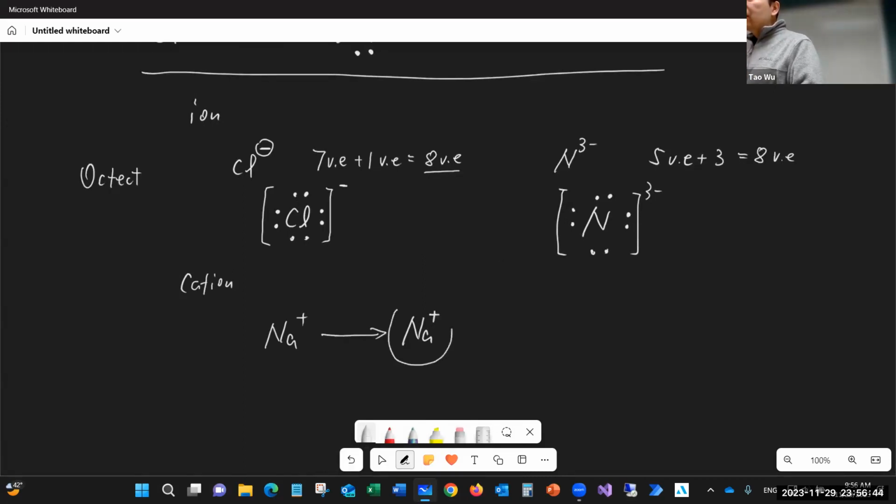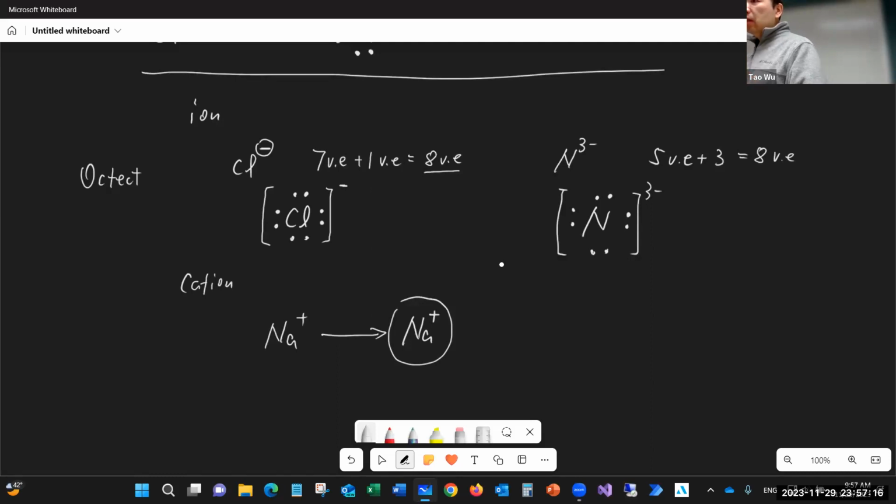This is the Lewis structure for the cation. And then you may ask, do I need to put 8 electrons around the sodium? No, we don't have to. Although, yes, it loses the outer electron, and then the inside has 8, usually we don't write the cation like that. So once the dot is lost, you just write the charge. That's it.